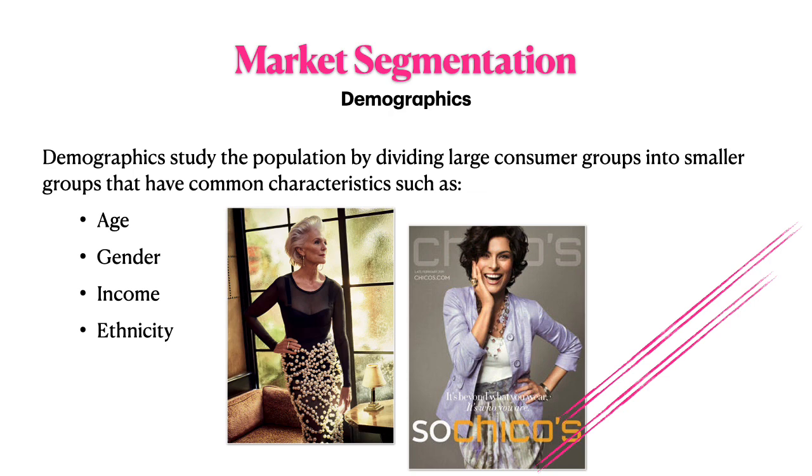Demographics. The segmentation of the market by demographics focuses on consumer groups based upon characteristics like age, gender, income, ethnicity, family size, stages in family cycle, occupation, education, and religion.